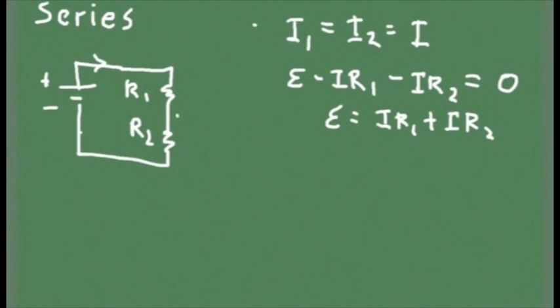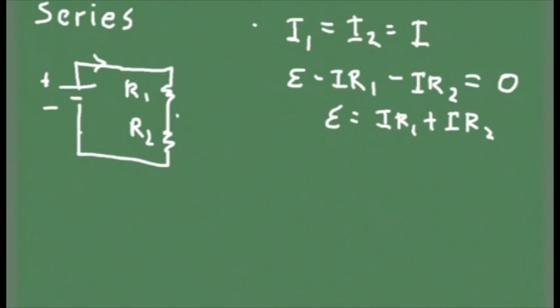So for a series circuit, you add the differences in potential for the resistors that you have. You could have 3 resistors instead of 2. You could have an additional third one at the bottom, and of course you would do the same thing. The currents are all the same, and you would end up with epsilon being equal to IR1 plus IR2 plus IR3.